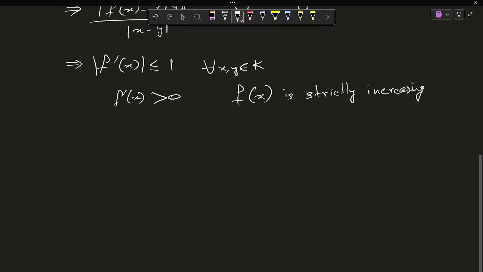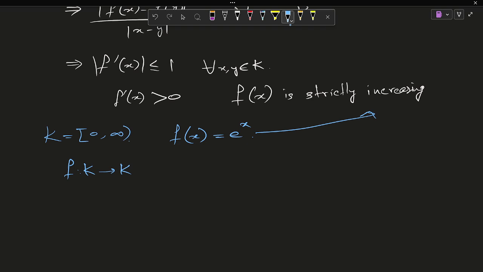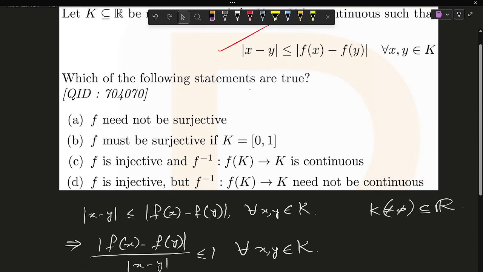So if we take a domain K to be this, and let us take f(x) as e to the power x, then f is going from K to K. e to the power x is strictly increasing and it satisfies all the other conditions, but e to the power x equals 0 does not have a solution in K. So f cannot be surjective here, so option A is true: f need not be surjective.